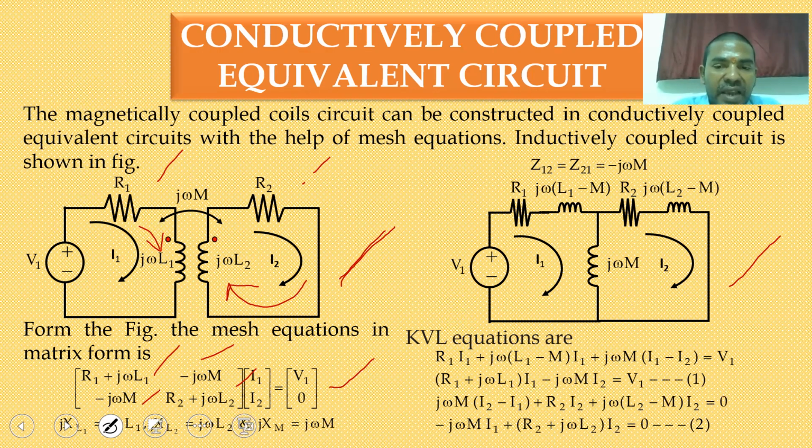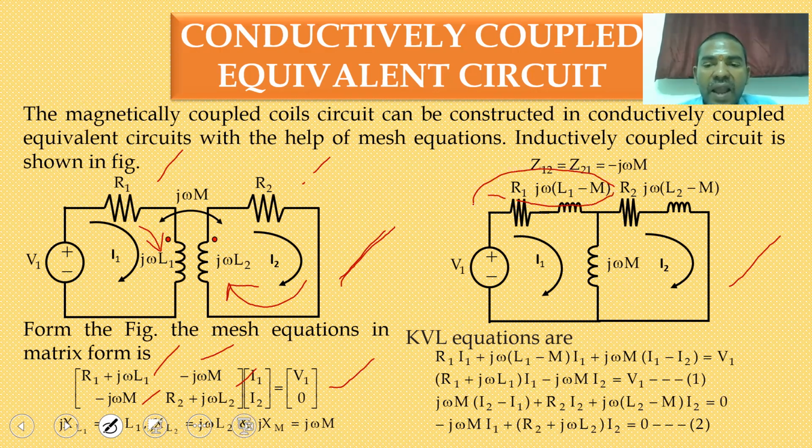What is your A11 value? A11 is R1 plus j omega L1. And what is the loop 1 to loop 2 value? Minus j omega M. For that, I have represented R1 as the resistance and j omega (L1 minus M).